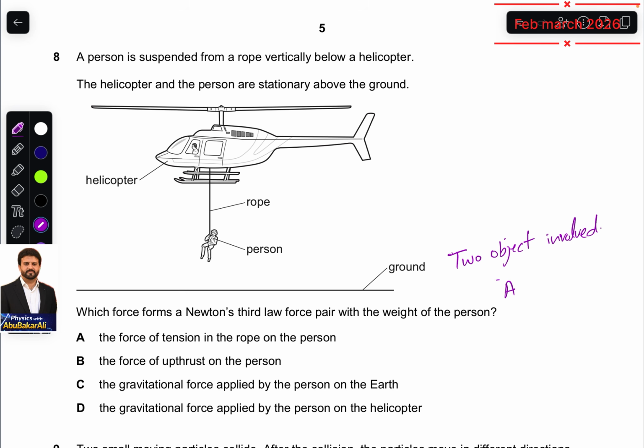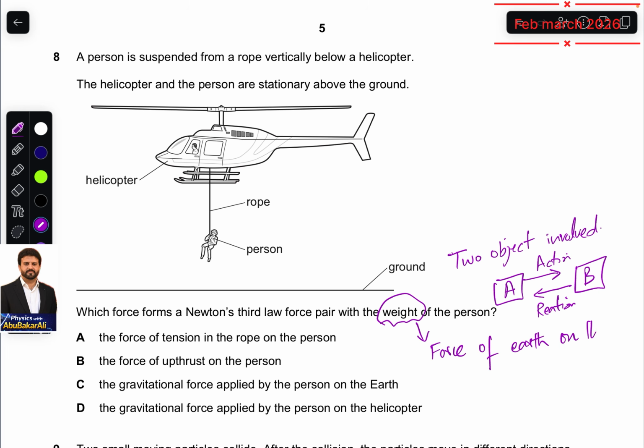Let's suppose object A is doing action on B, so B will do reaction on A. This action and reaction is basically the force. Okay, so let's suppose if they ask you about the weight, weight is basically force of Earth on the person. This is the action.